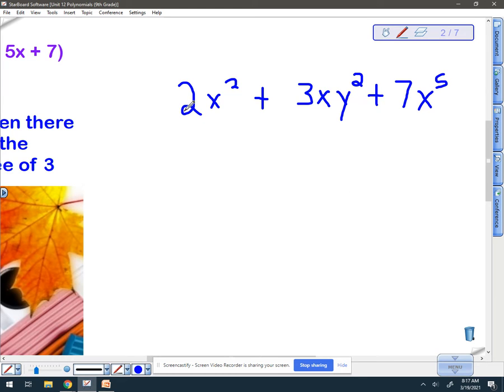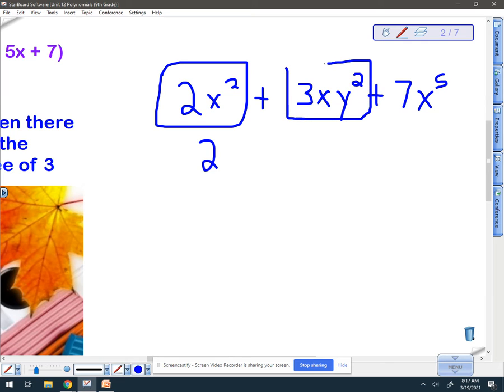You're going to look at each one separately and see, okay, what is the degree? So what's the degree of this term? There's the x. It has a 2, so the degree is 2. Then you look at the next one. I have an x, so that's a 1. 1 plus 2, so the degree is 3. What's the degree of the last term? The x has a 5, so it's 5.